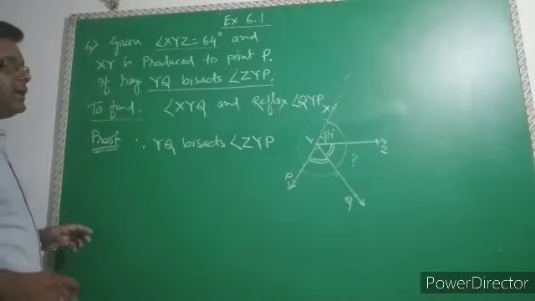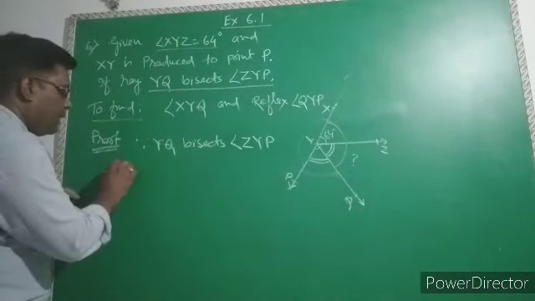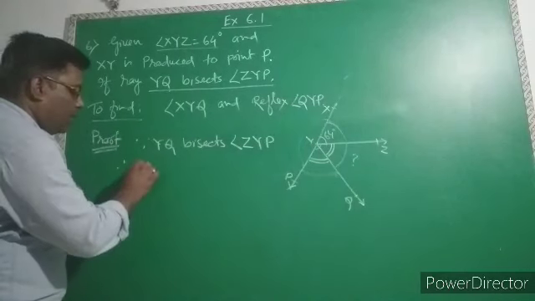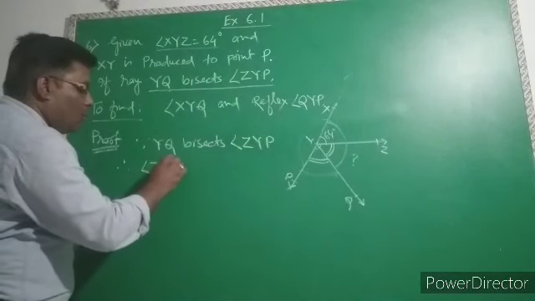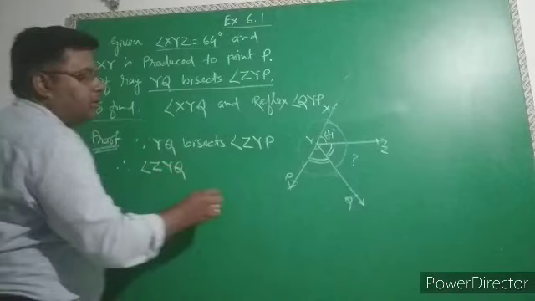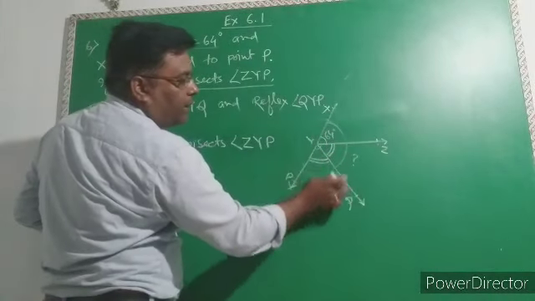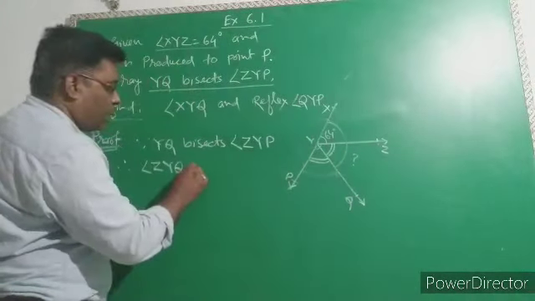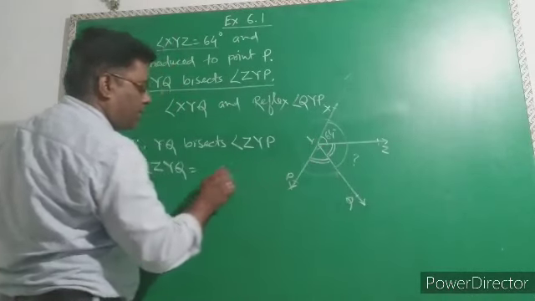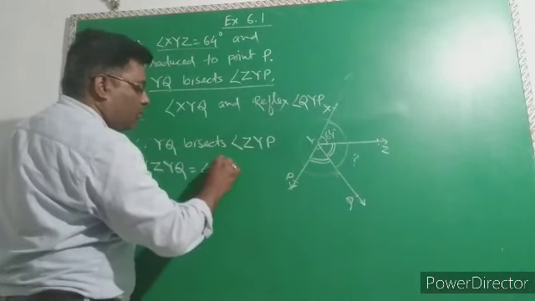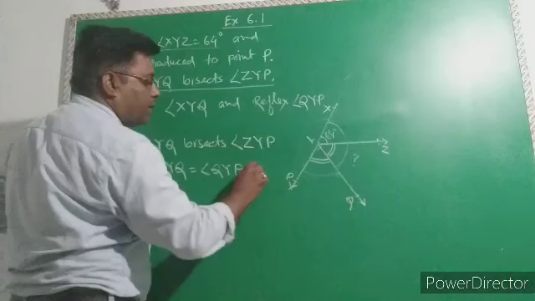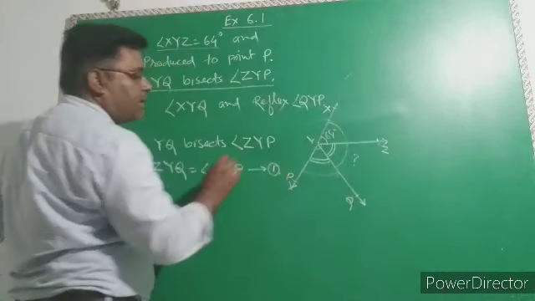YQ bisects angle ZYP. Therefore angle ZYQ, this angle, is equal to angle QYP. Suppose this is number 1.